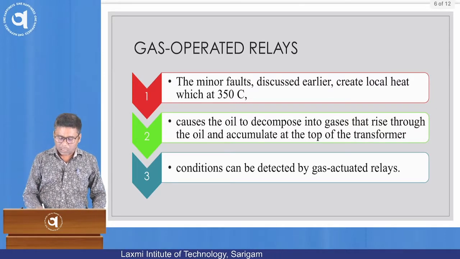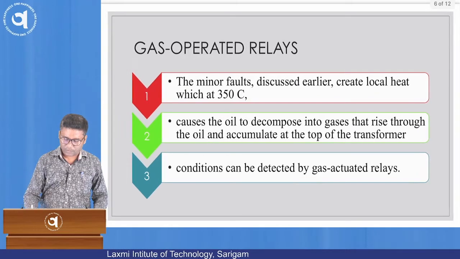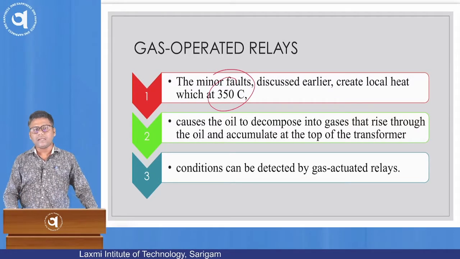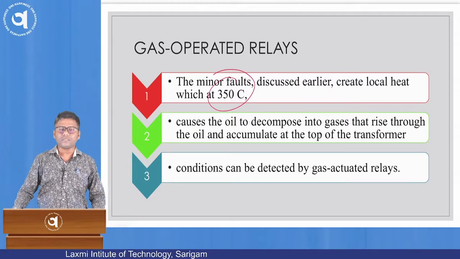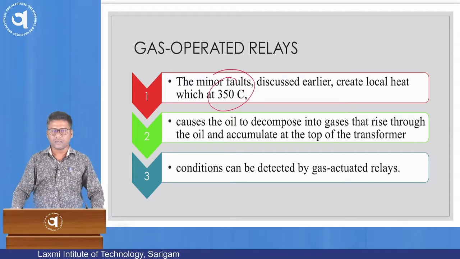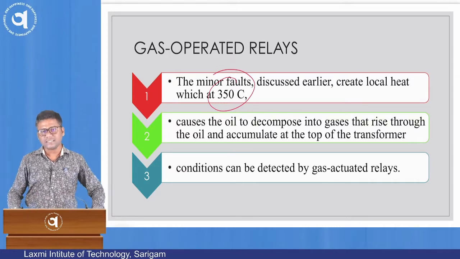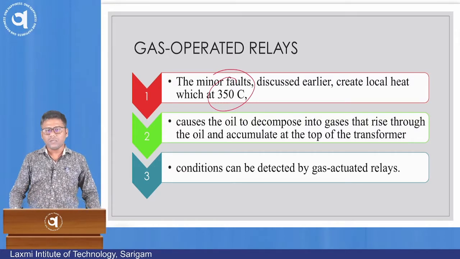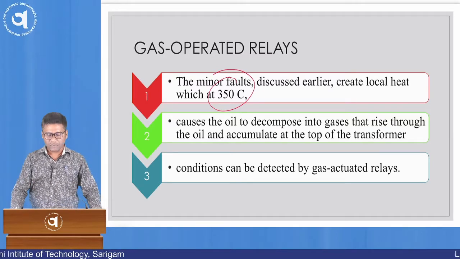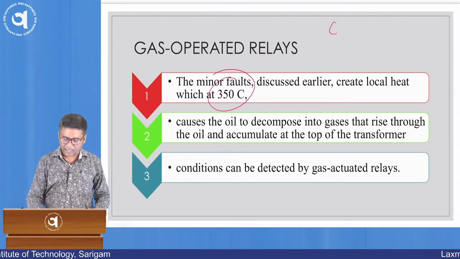It creates a local spot of temperature of around 350 degrees centigrade, and because of this high temperature, the oil inside the transformer is decomposed into gases, and this gas rises through the oil and accumulates at the top of the transformer.